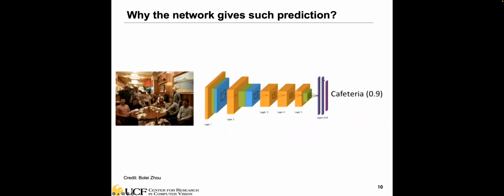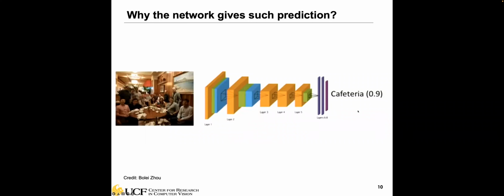Okay, so here we'll introduce a very popular visualization method, trying to diagnose why the network gives a prediction. For this CNN, you input an image and it outputs a prediction label with 90% confidence or probability, this is a cafeteria.